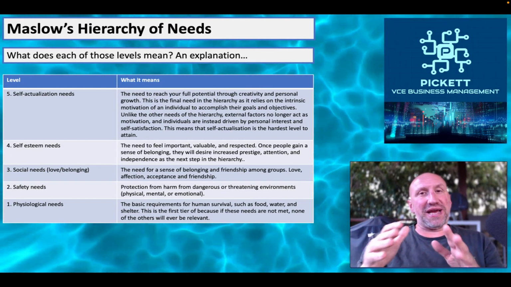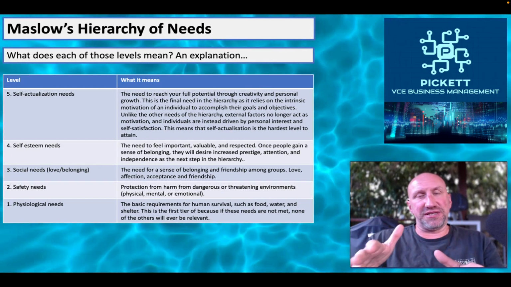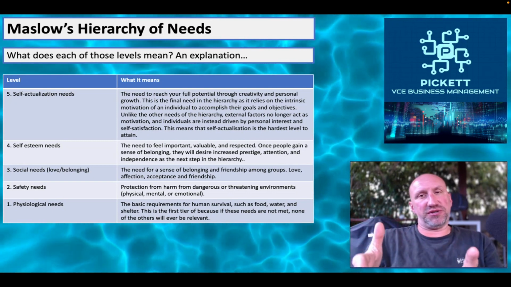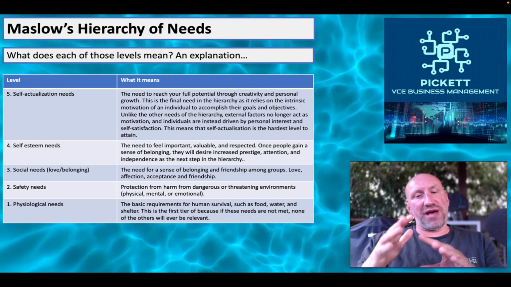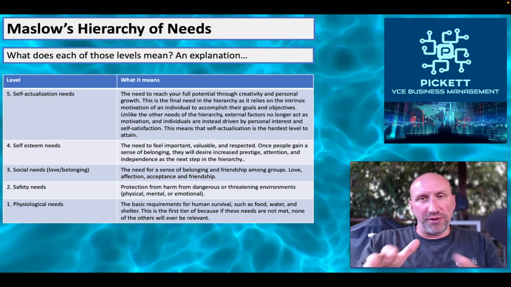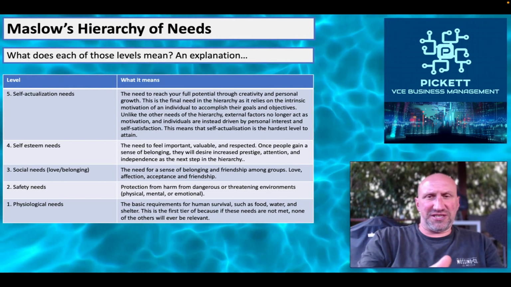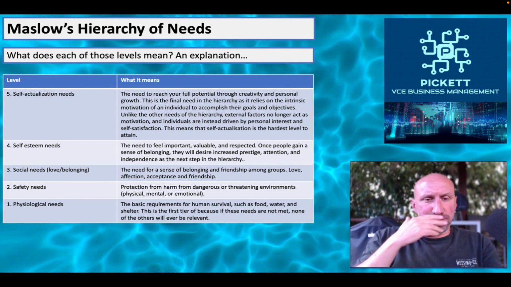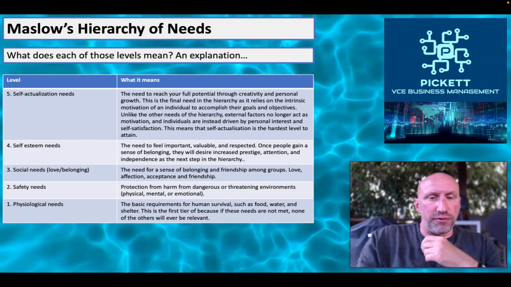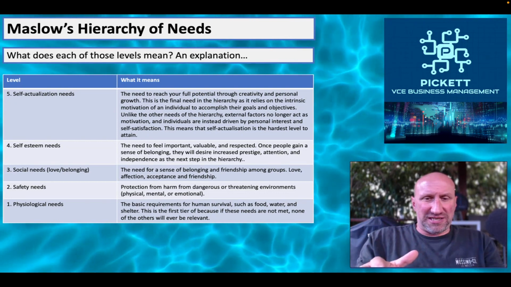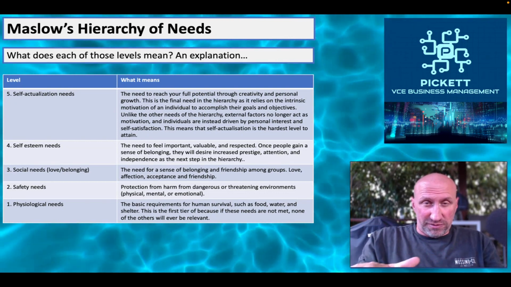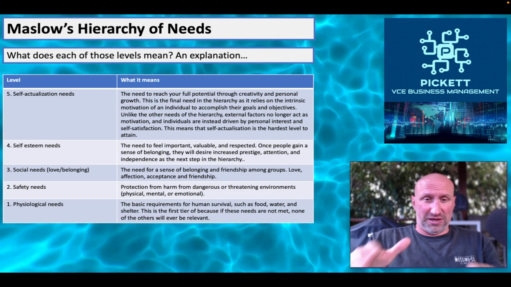It wasn't born out of business. We now apply it in a business context, and we will look at how you do that in a minute. But this is a basic human motivational theory. So when you see some of this stuff, you're like, what's that got to do with business? Particularly the first couple.